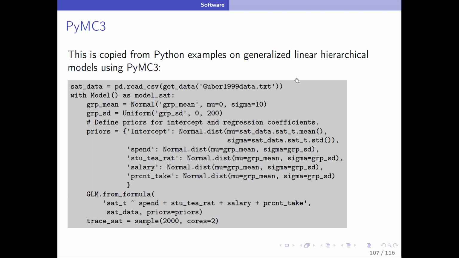To specify a generalized linear hierarchical model in here, you can pick out the pieces. I think it's just syntax. You have to know what it does, and it has these building blocks, like prior equals prior. You might have to specify multiple things at multiple places: you have to say the prior is here, and then you pass the prior into here.